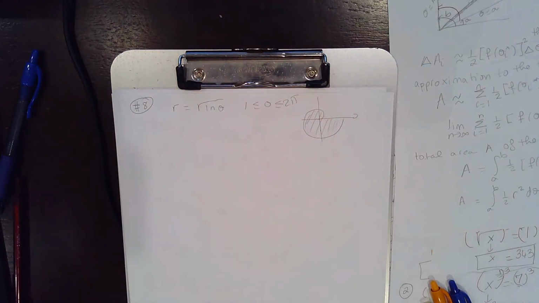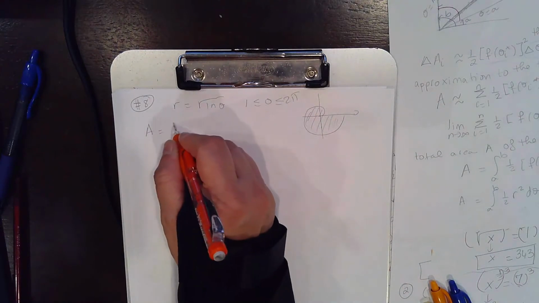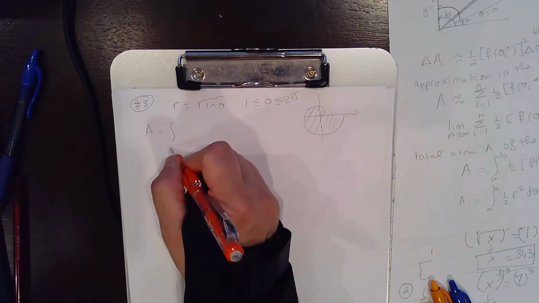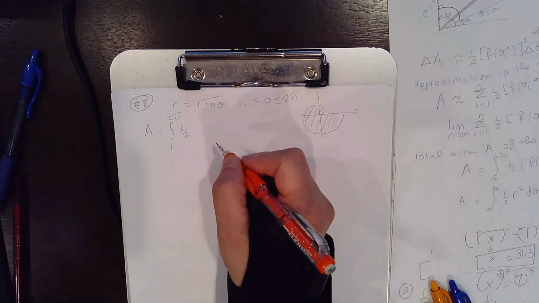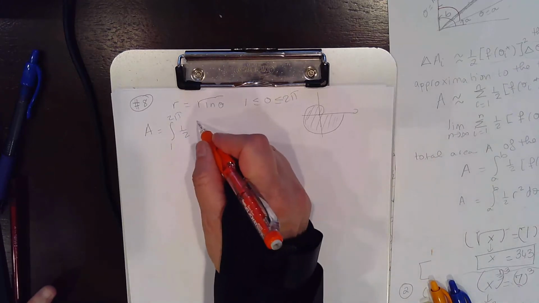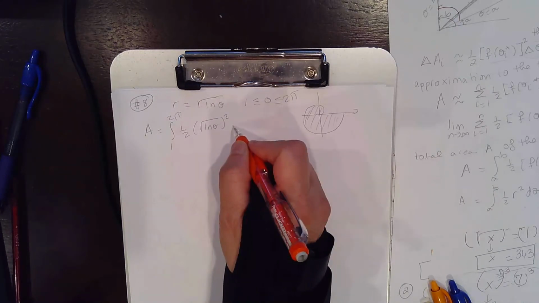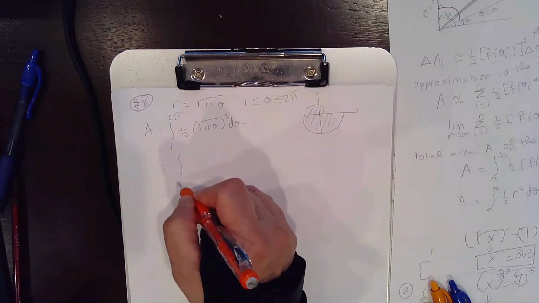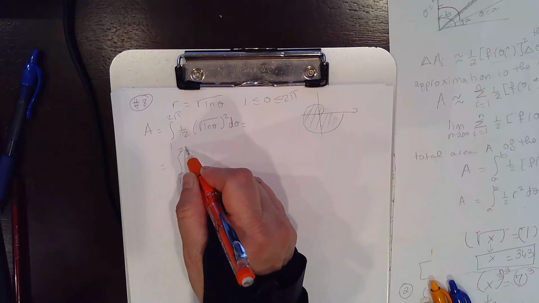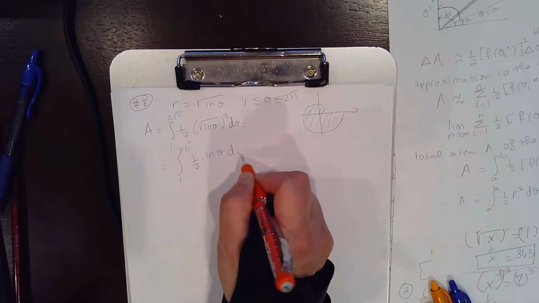So we already have r. Now we can find the area of the shaded region. The area is the integral, and they've given it to us from 1 to 2 pi, of 1/2 r squared. So r squared would be square root of ln theta squared d theta, which is the integral from 1 to 2 pi of 1/2 ln theta d theta.